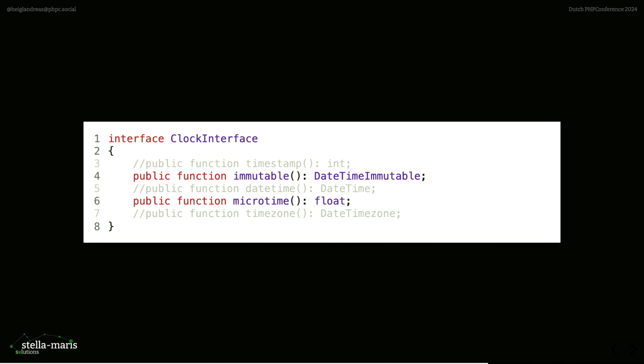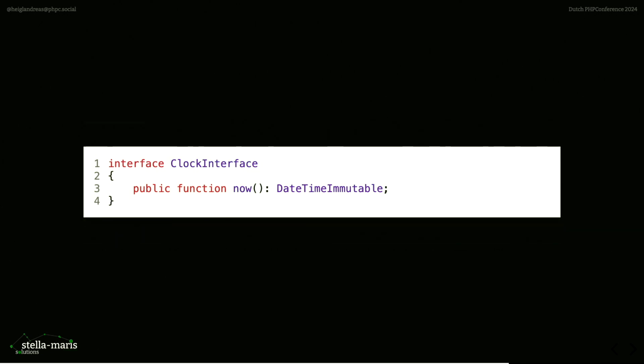Similar, by the way, with the timestamp, we can get that as well. And a microtime as well, which just leaves this immutable. Naming-wise, immutable implies that something mutable would also be possible. No. Let's just call that now. Because at that time, there were already some implementations of clock interfaces.